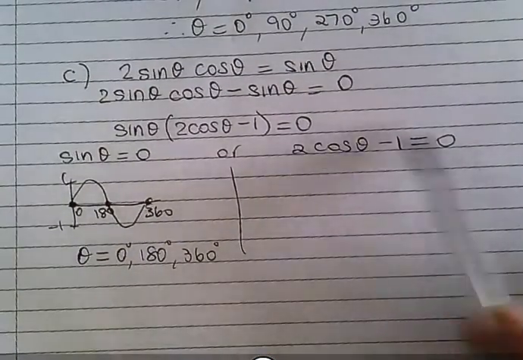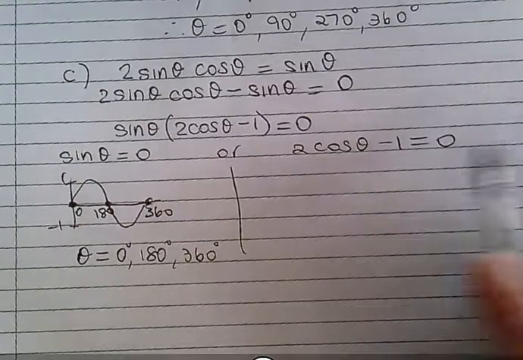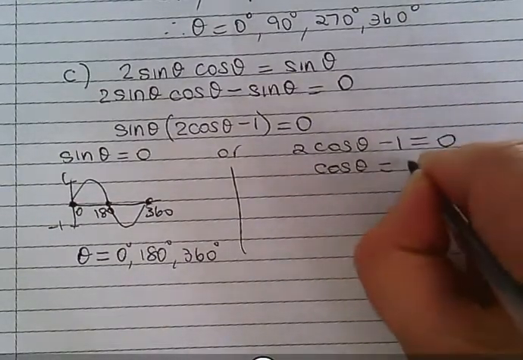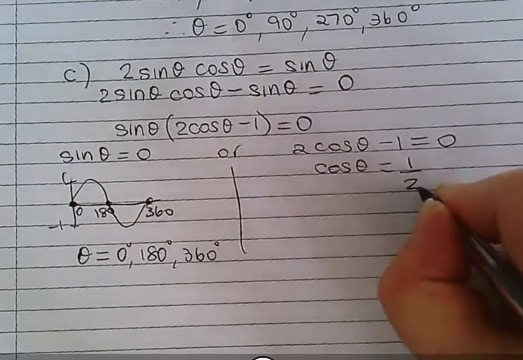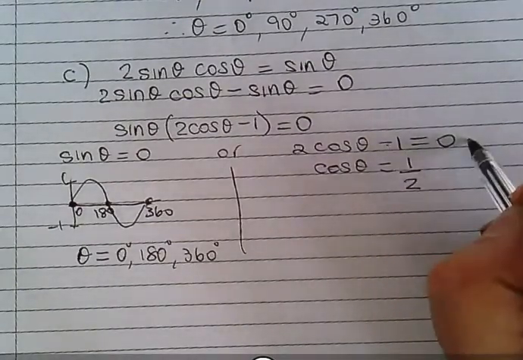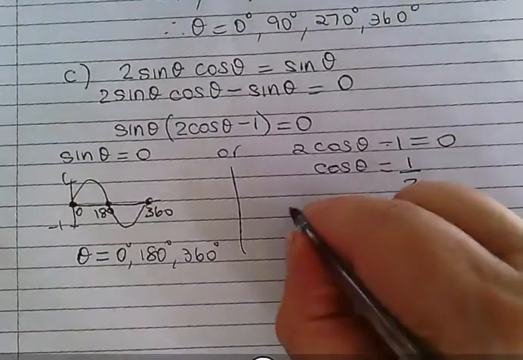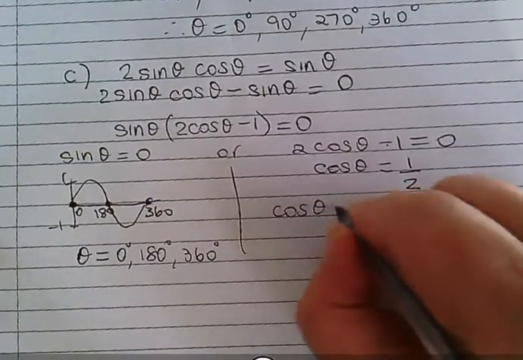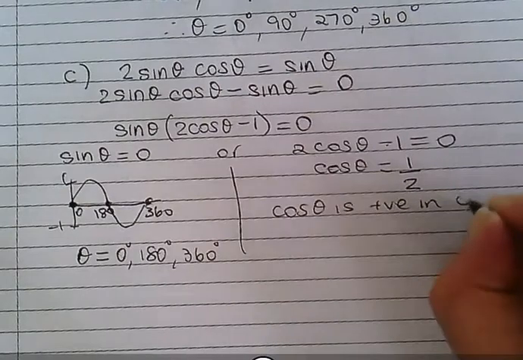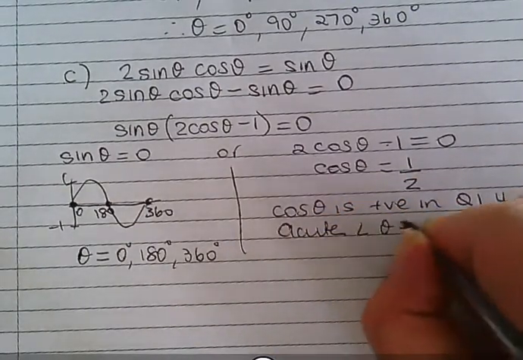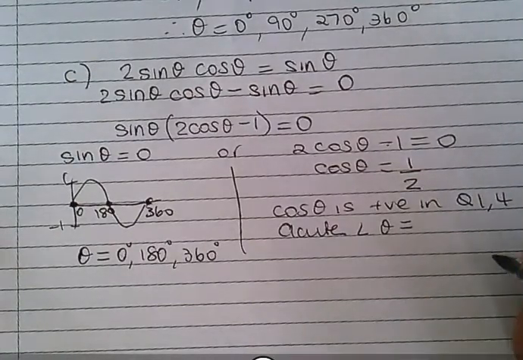And over here, 2 cos theta minus 1 equals 0. That's really cos theta is what? A half. Okay? Take the 1 over, divide by 2. All right, what do I do now? Cos theta is positive, so I've got cos theta is positive in quadrants 1 and 4. Acute angle theta is 60.